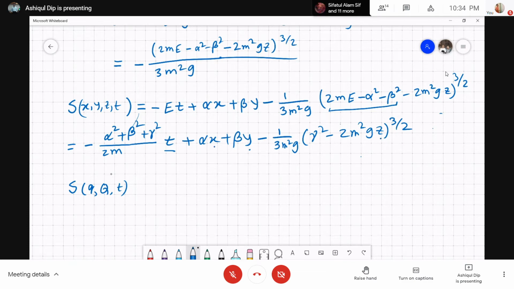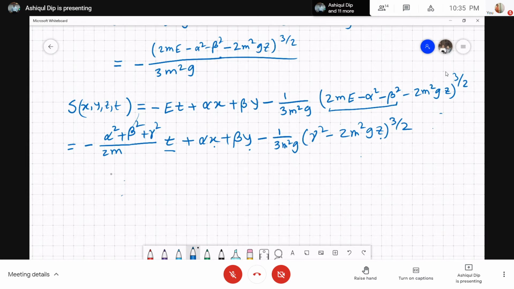So what are those Q's? Alpha, beta, gamma. Any constant that appears from separation, that's your big Q's. So this is our solution.